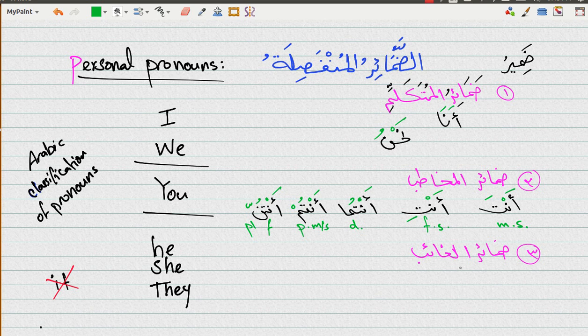So now we're going to talk about the third person pronouns, which are categorized under ضمائر الغائب in Arabic. Let's start with he. He in Arabic, هو. She, هي.